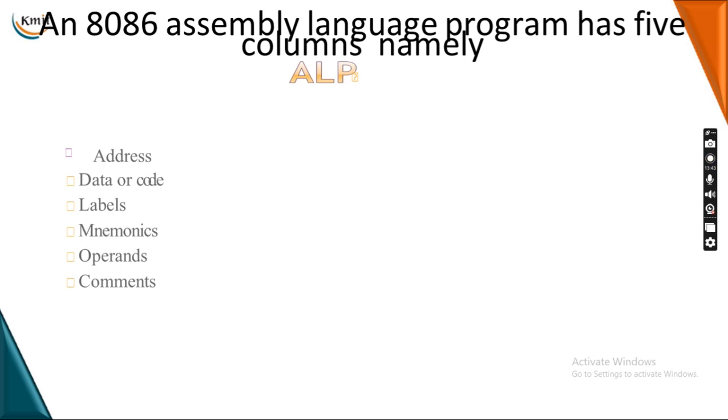Now what are the different rules we have in assembly language programming? They will have 6 columns. The first one is address, second is data or code, third is labels, fourth is mnemonics, fifth is operands, and the sixth is comments. With these columns you can know what assembly language instructions we are able to do.